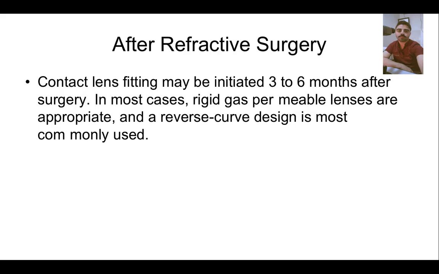So if you want to fit this cornea better, you have to go for an advanced contact lens design, that would be a reverse curve lens or oblate design contact lens, which will better fit this particular cornea. So for a patient who has undergone refractive surgery, a rigid or RGP contact lens would be better, but you have to go for reverse curve or oblate design lenses where you can better fit the cornea.